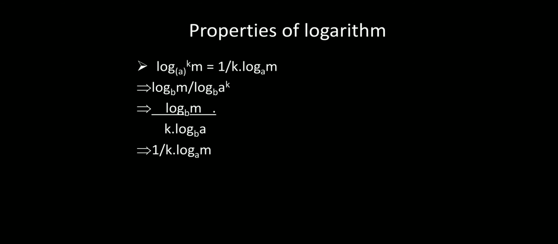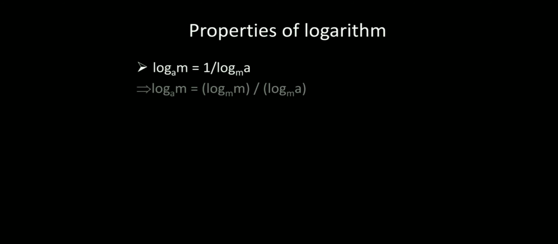Now because the k will come down, we will get log m to the base b upon k into log a to the base b. Again taking it as 1, means doing the converse of the previous theorem, we will get 1 by k into log m to the base b. When you do it, you will understand.